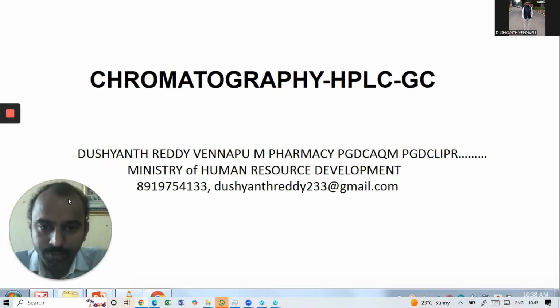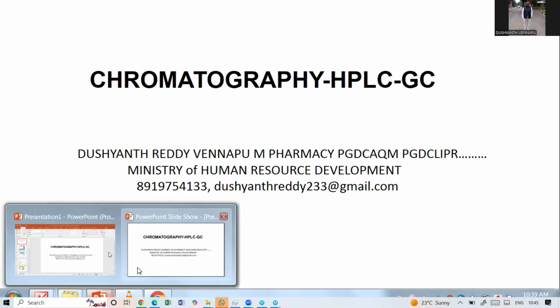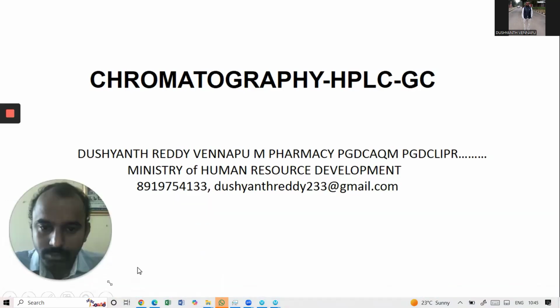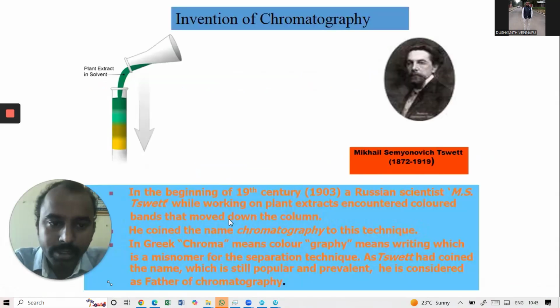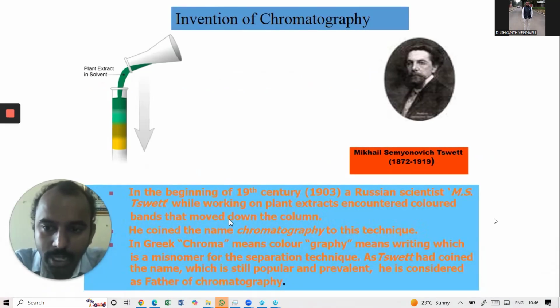So the term chromatography was initially coined by Michael Sweet. He separated some pigments onto the column. In doing so, he found that there is a separation technique which separates the pigment components based upon its color.